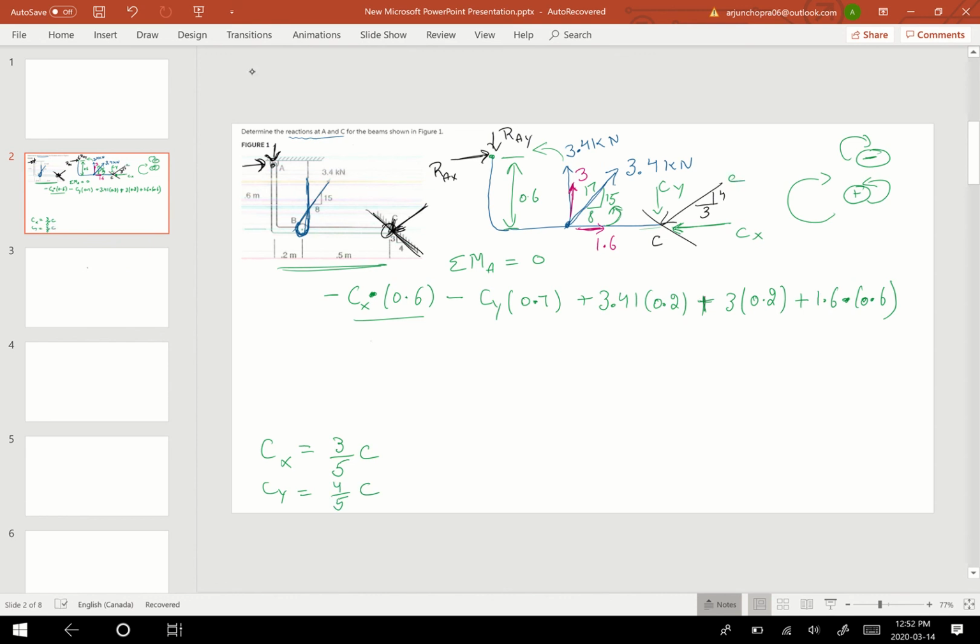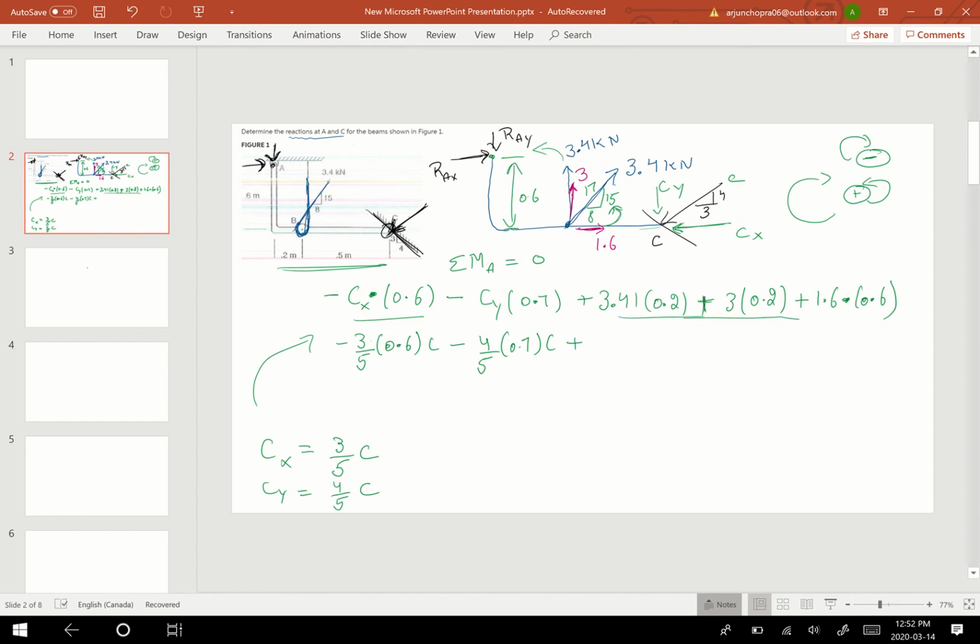So now what I'm going to do is I will feed these values in this equation. So this is 3 over 5 times 0.6 C minus, this is a negative value, 4 over 5 0.7 C, and then I can calculate these remaining values.